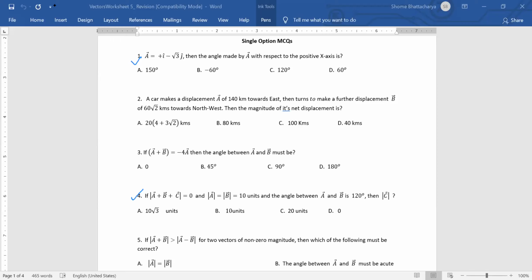So please send me the answers of question 1 and 4. Okay. It should not take more than a couple of minutes for you to try this out.